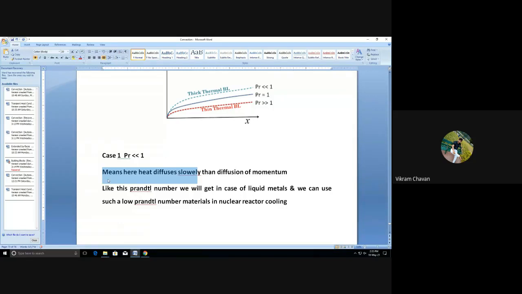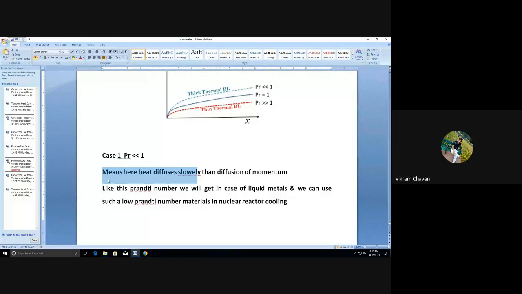Prandtl numbers like this, with values less than 1, we get for liquid metals. And what is the use of such metals? Liquid metals are used to extract the maximum amount of heat in a quick time, in a less time period.